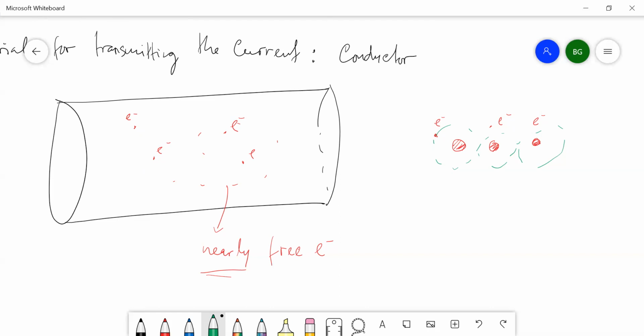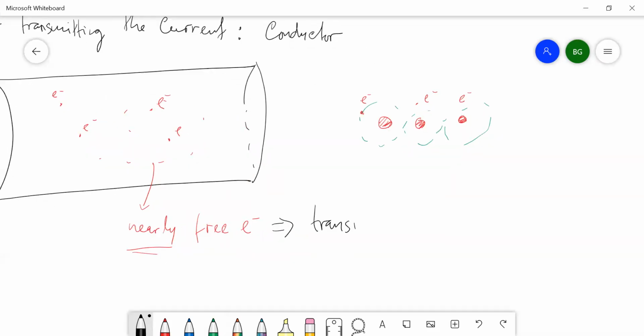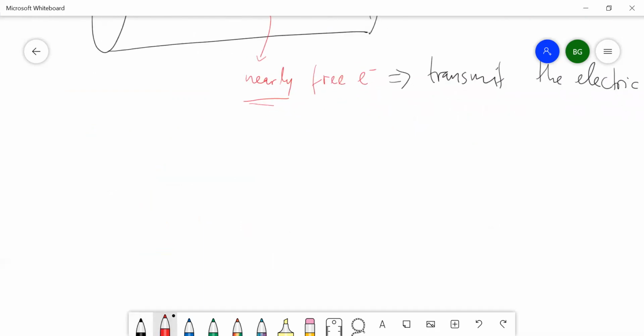So this nearly free electron is used to transmit the electric field. In conductors, because they are nearly free electrons, they move freely in every direction. It's random.